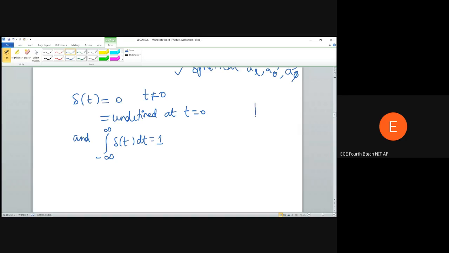So usually it will be represented like this, and this doesn't mean that the value at 0 is equal to 1. Sometimes the definition is given as a limit as delta t tends to 0 of a gate function.